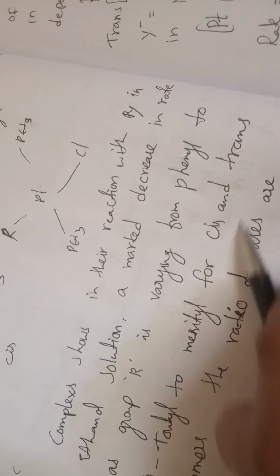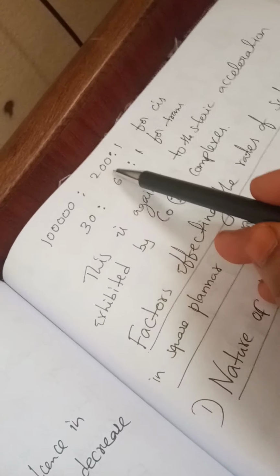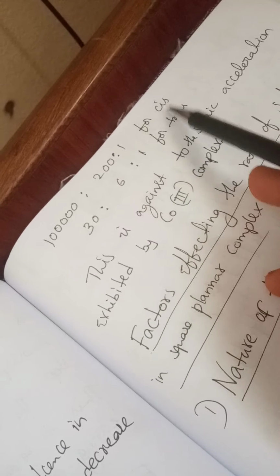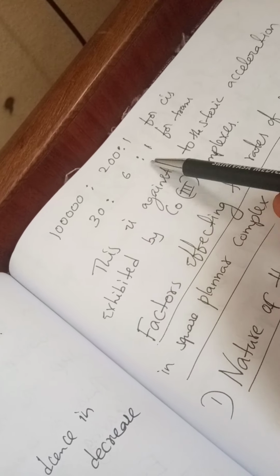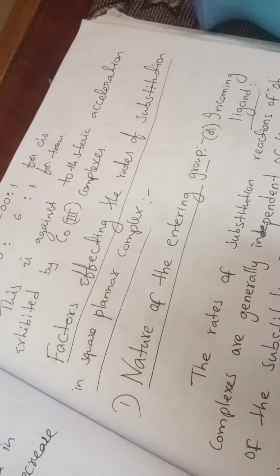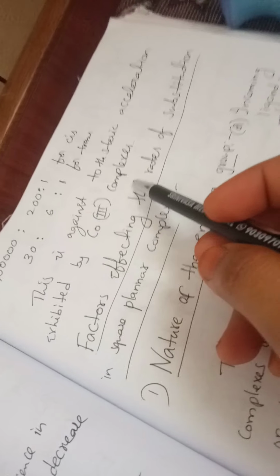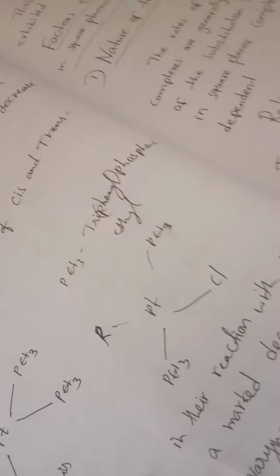The rate ratio is 1 lakh to 202 into 1 for the cis product, and 130 to 6 into 1 for the trans product, against the steric acceleration exhibited by the cobalt(III) complexes. So here the nickel complexes compared with them, the rate of reaction is more or less the same as with cobalt(III). Again, this is the evidence carried for the ligand substitution reaction.